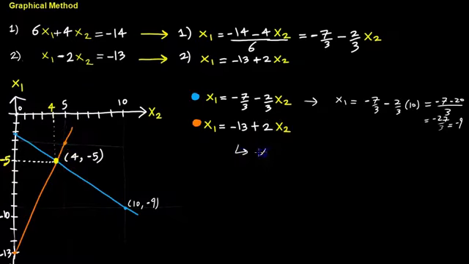What is that going to give me? x1 is equal to negative 13 plus 2 times 5. That's a 10 there, so that's going to give me a negative 3. So at the location x2 is equal to 5, I'm going to have a negative 3 as my y value, or x1 value. I plot that there, then I draw the lines, and lo and behold, I would see that they intersect at 4, negative 5, as we saw in the previous example.